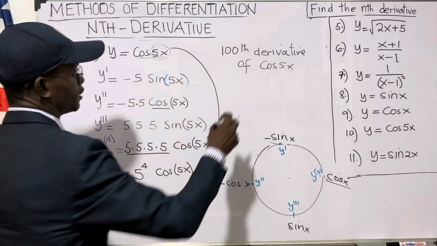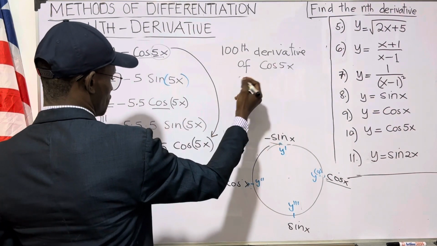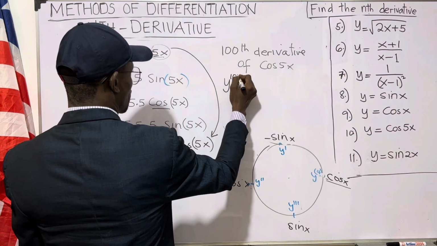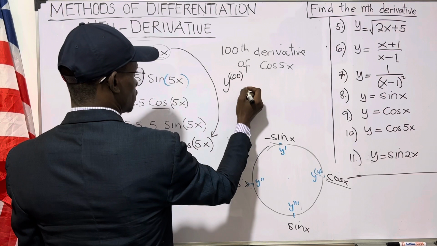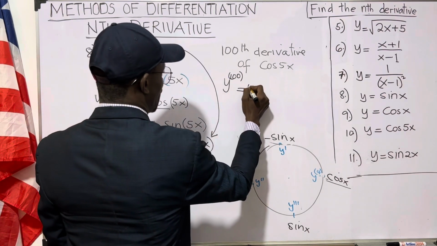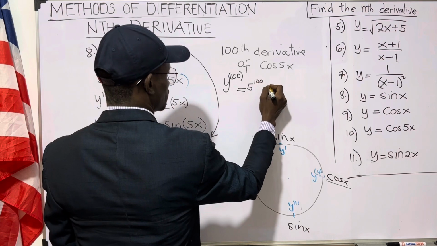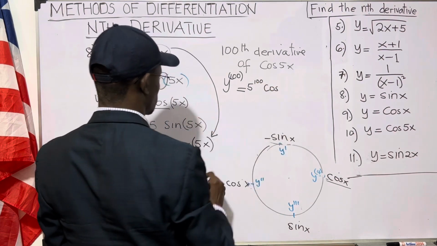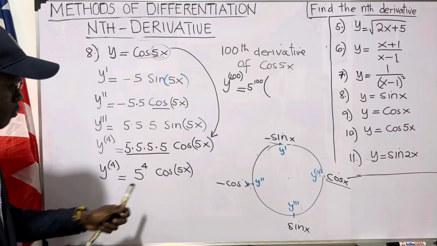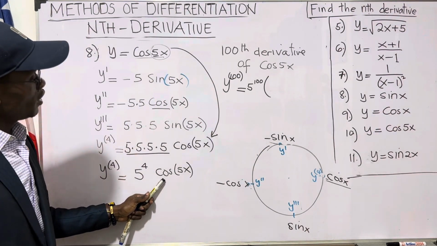So now to find the 100th derivative, the first thing we're going to have is y raised to the power 100 equals, now this is 5, so it's 5 raised to the power 100 cos of, now let's determine what is here. The 100th derivative.